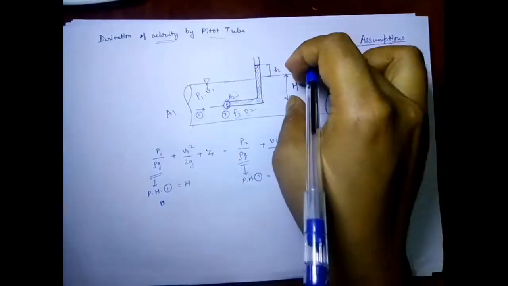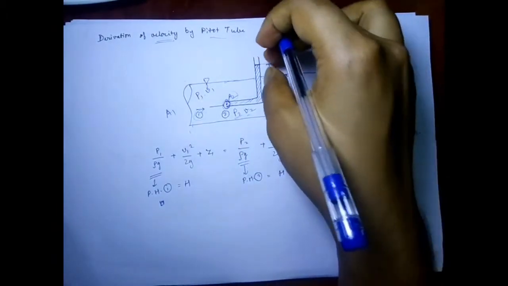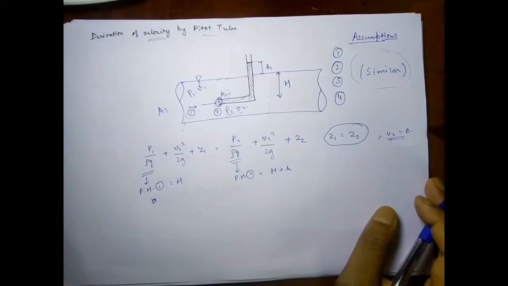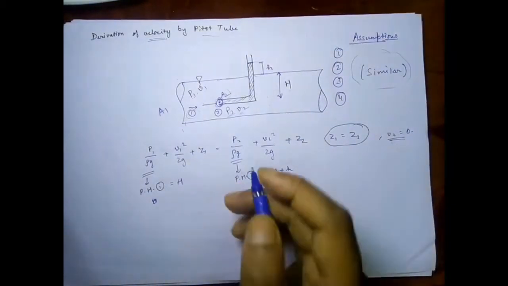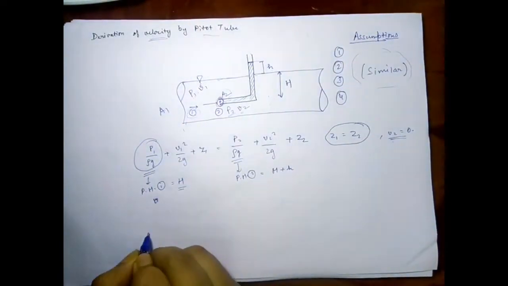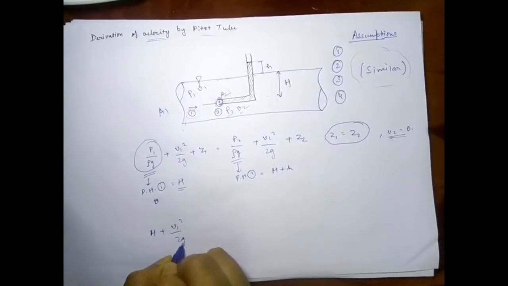This is the H and this is the pressure head at 1, and at 2 the pressure head is H plus small h. So by substituting the values, I'll put capital H in place of this one and I will write it as H plus V1 square upon 2g.